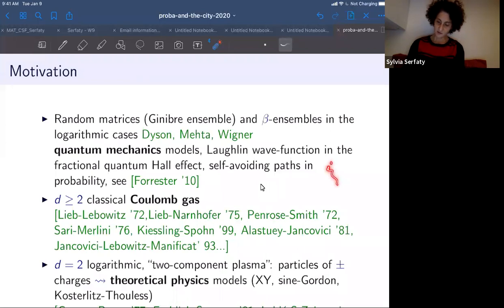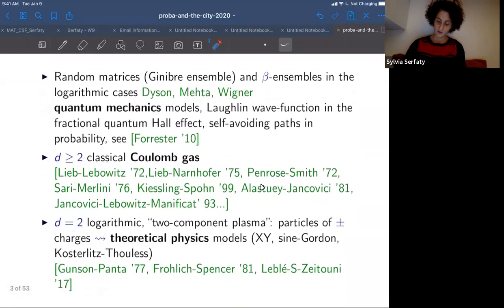Other things like self-avoiding paths. And also the Coulomb gas in any dimension can be considered as an important statistical mechanics model. It models in particular plasmas or sort of classical matter, like a sort of classical version of electrons and ions. And it has had a lot of attention from the physics community for that reason.